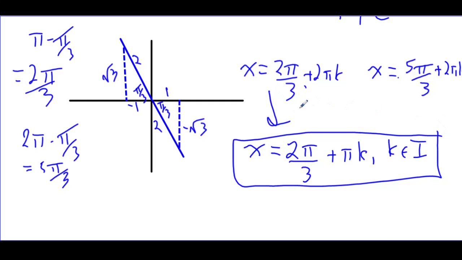It's basically a combination of these two. Just the idea that, look, 2 pi over 3 is an answer, and then every other answer is pi, or 180 degrees away, just to keep going around and around and getting different solutions. And that's a special feature that happens with the tangent function, but not sine and cosine, that these two solutions are always kind of across from each other, or 180 degrees apart.